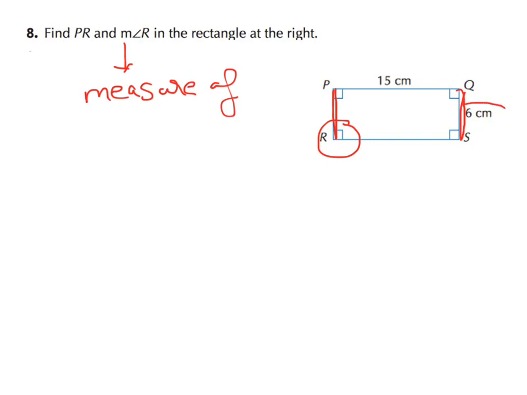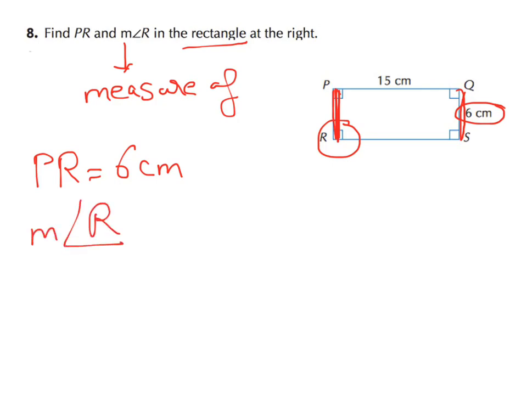Yes. So if this is 6 centimeters, how much will PR be? It will also be 6 centimeters. So PR is equal to 6 centimeters. Because it's a rectangle, all the angles are going to be 90 degrees. So what is the measure of angle R? 90 degrees.